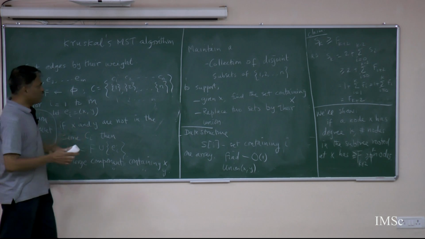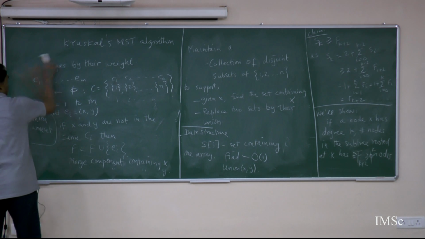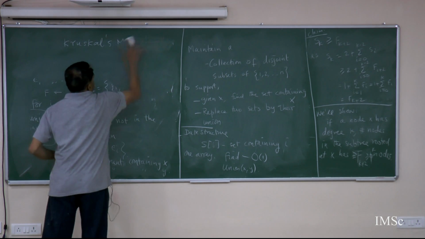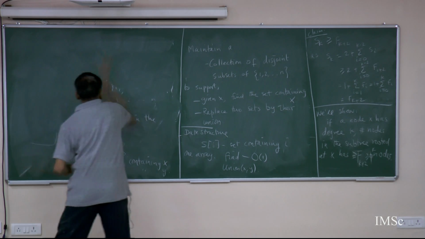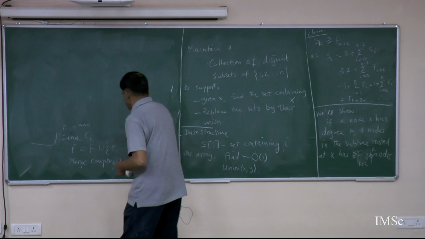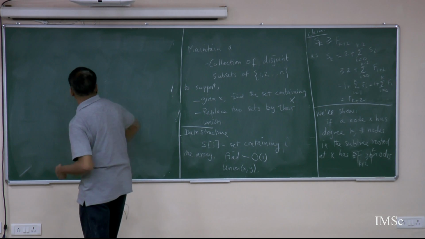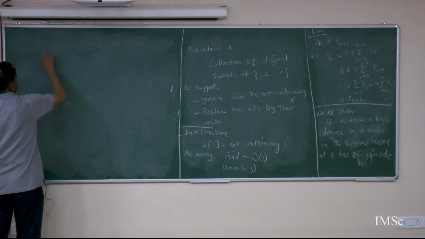Suppose it's like 1, 2, 3, and everybody has its own representative, but at the time you are merging two sets, it changes. So let's say this is my collection, right?